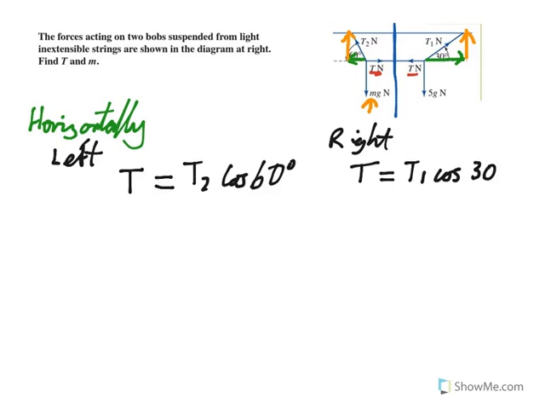Alright, what else do we know? Okay, so vertically. On the left, we've got down, we've got mg newtons, we're told, and then up, that orange one pointing up there is T2 sine 60 Newton.